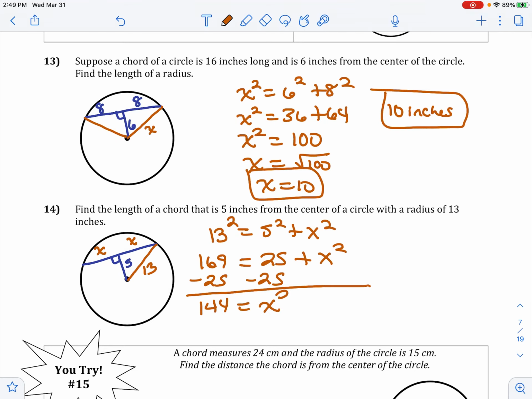These come out kind of nice. Then the square root of 144 is 12. But remember, the chord has been divided into two equal pieces, so it's actually 12 and 12. That means the chord is actually 24 inches.